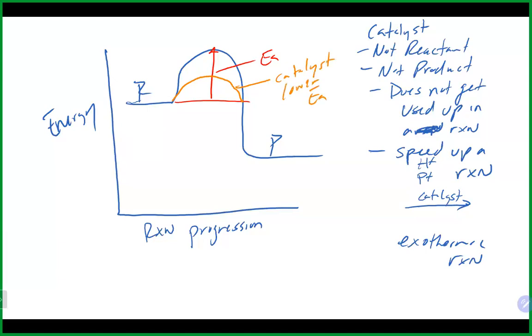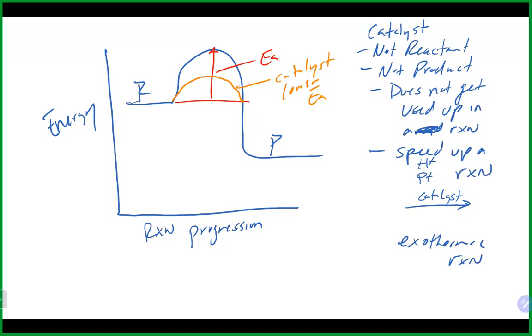That's important to the rate of reaction because now my hill is larger or smaller? Smaller, which means we're going to have more reactant molecules that have enough energy to get up and over to the other side. The result is usually an increase in the rate of the reaction.